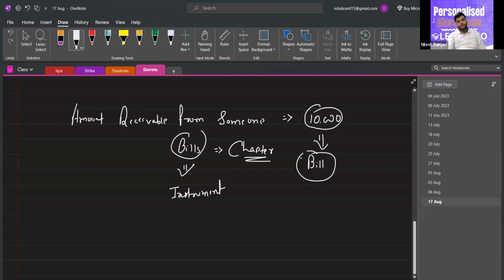It is like a check. Now, in this bill, there can be a date written, which is after 1 month or 2 months or 3 months.